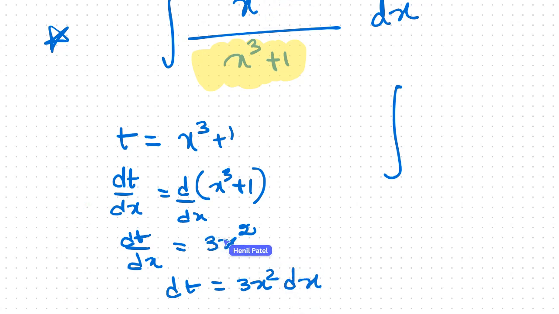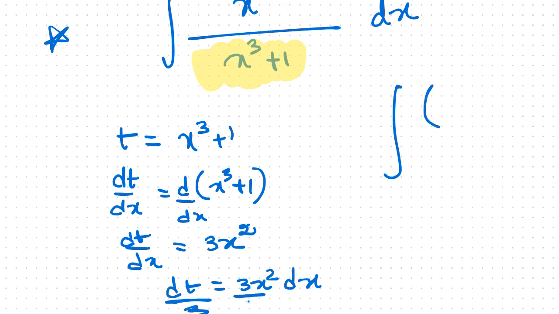X square. Yeah. If you look carefully, it is x square into dx only. So it will be 3 into t. It's not 3 into dt, it's dt by 3.